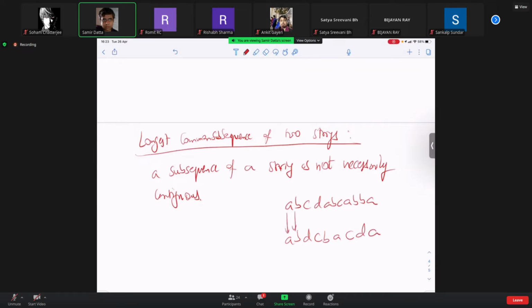This is one common subsequence. I'm not claiming that this is the longest, because I've not done the calculation, but this is a common subsequence, which does not consist of contiguous characters. So basically A, B, D, B, A, B, A is present in both the strings. And conceivably this is the longest, maybe there is a longer one, I don't know, correct?